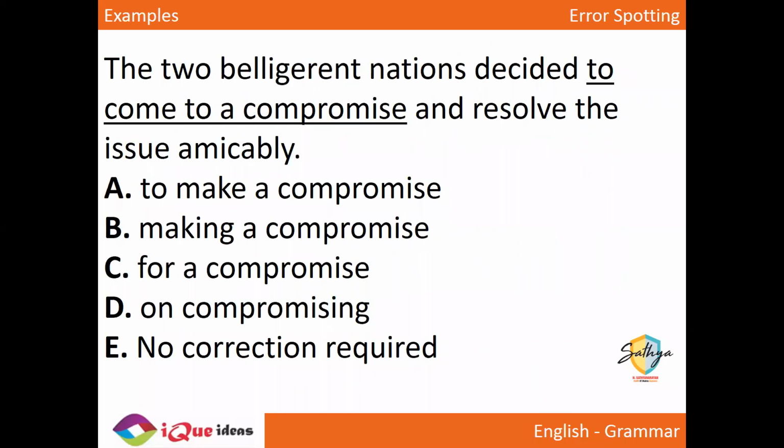The two belligerent nations. The word belligerent means the two nations which are fighting with each other. It comes from the word bella, which means war. So the two belligerent nations decided to come to a compromise and resolve the issue amicably.